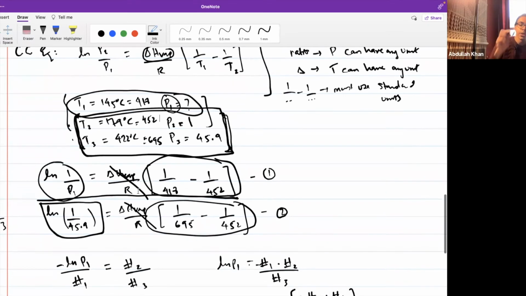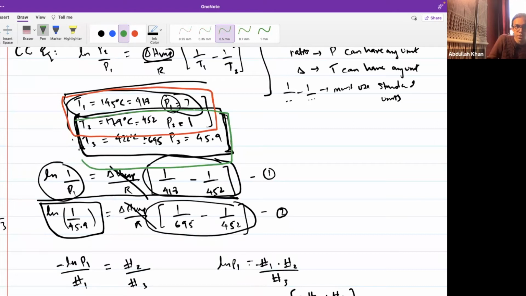So what I did here is I made a system of equations. I made the first one by considering these two pressures and temperatures, and the second one by considering these two temperatures and pressures. For the red one, P1, P2, T1, T2 are already marked, so you can input it as is. For the second one, you have T2, T3, P2, P3.